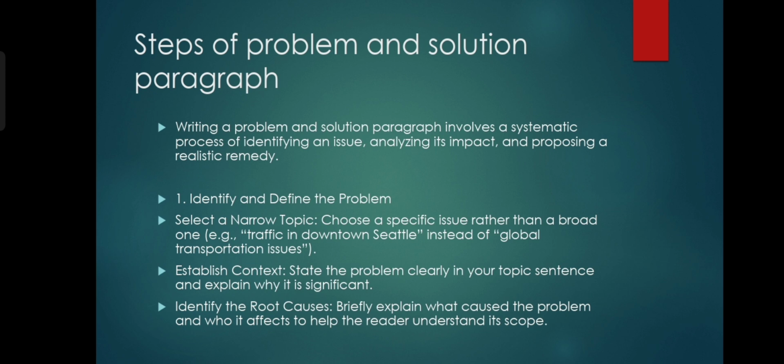Choose a specific issue rather than a broad one, for example, traffic in a town instead of a global transportation issue. Establish context: state the problem clearly in your topic sentence and explain why it is significant. Identify the root cause. Briefly explain what causes the problem and its effects to help the readers understand its scope.